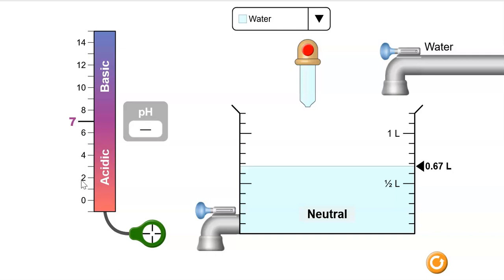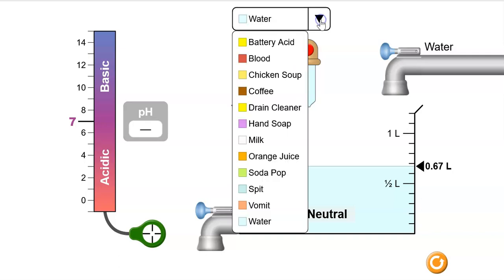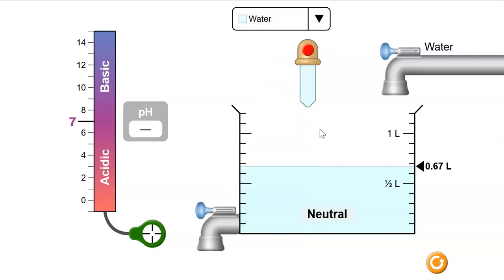Anything below 7 on the pH scale, so from 0 to 7, would be considered acidic. And anything above 7 on the pH scale would be considered basic. And we can look at different compounds and look at how acidic or basic they are.